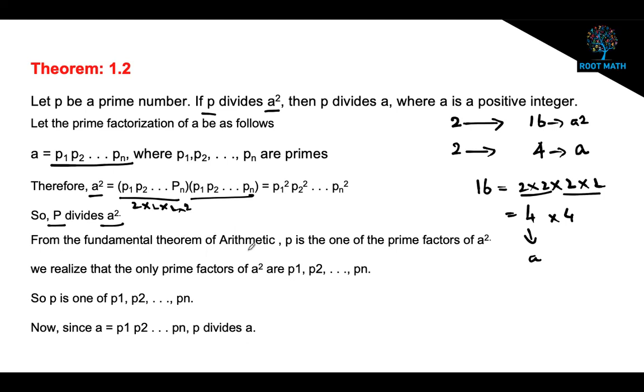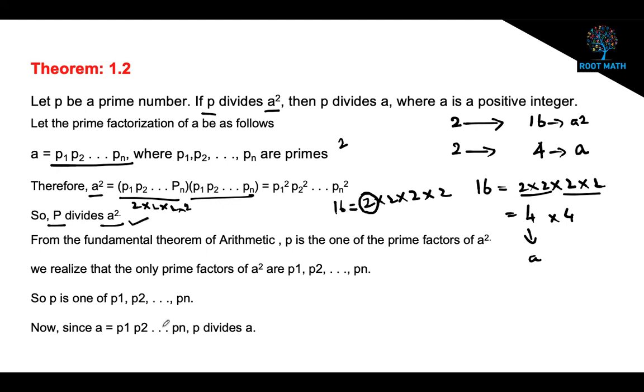What does the fundamental theorem of arithmetic prove for us? If a composite number is factorized, the factors we get are unique, irrespective of their order. So 16 can be factored as 2 times 2 times 2 times 2, where 2 is the prime number to divide it. You can see here one of the factors of 16 is also 2. So definitely 16 can be divisible by 2.